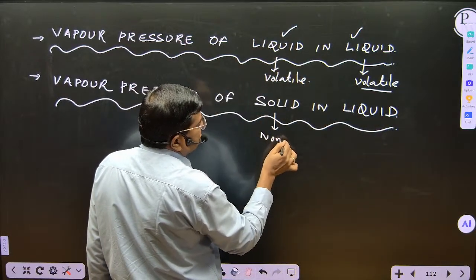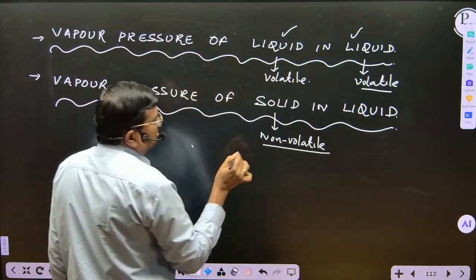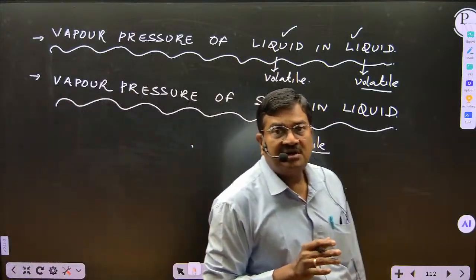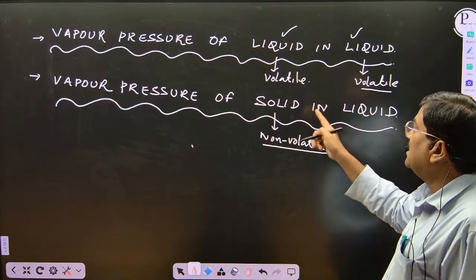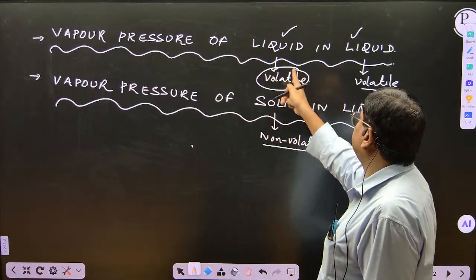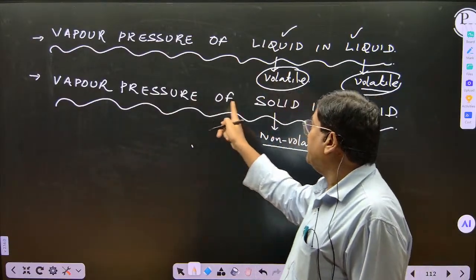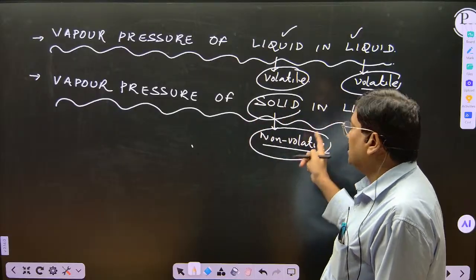Volatile we will discuss now. So these two concepts are very important: vapor pressure of liquid mixed with liquid, where both liquids are volatile, and vapor pressure of solid dissolved in liquid, where the solid is non-volatile.